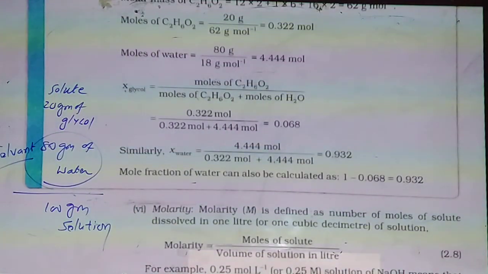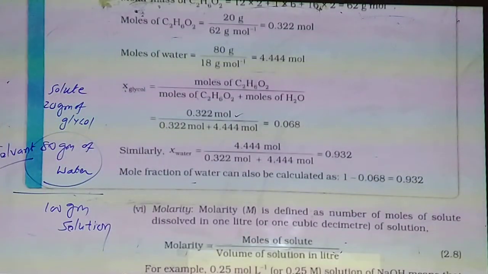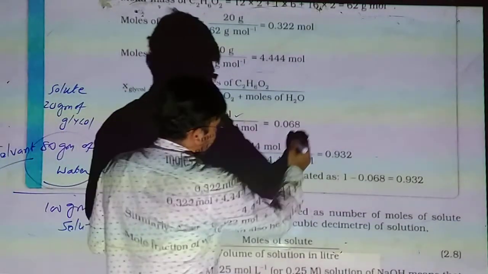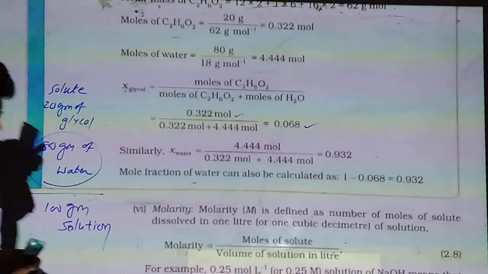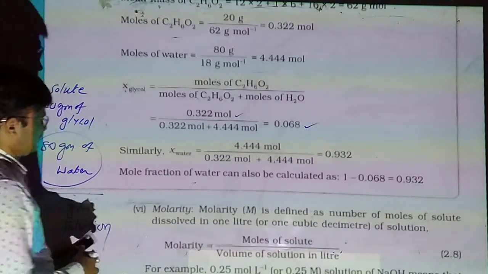Here the mole of the glycol is 0.322 mole, divided by total mole, 0.322 plus 4.444, so it is 0.068. Here you can see it is unitless, no kind of unit, because the mole cancels.